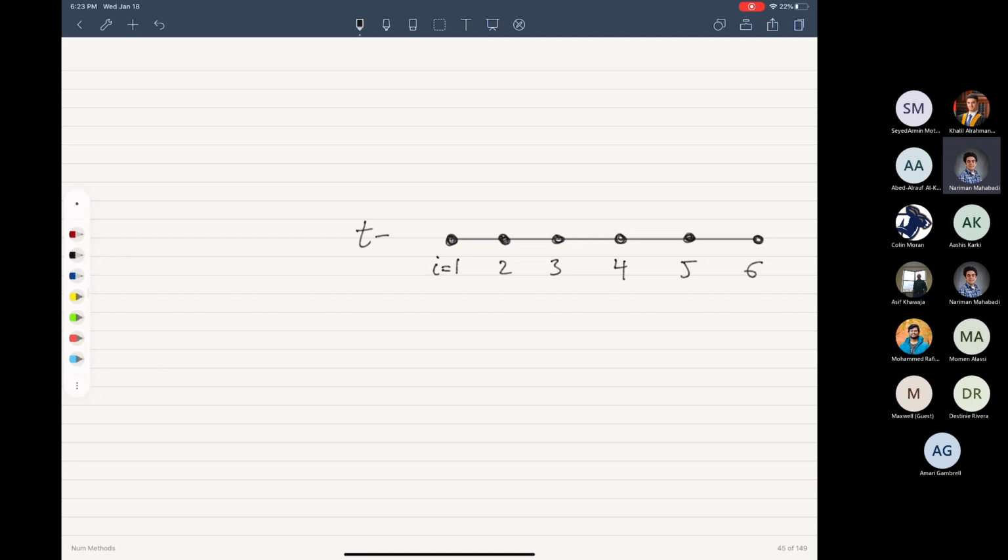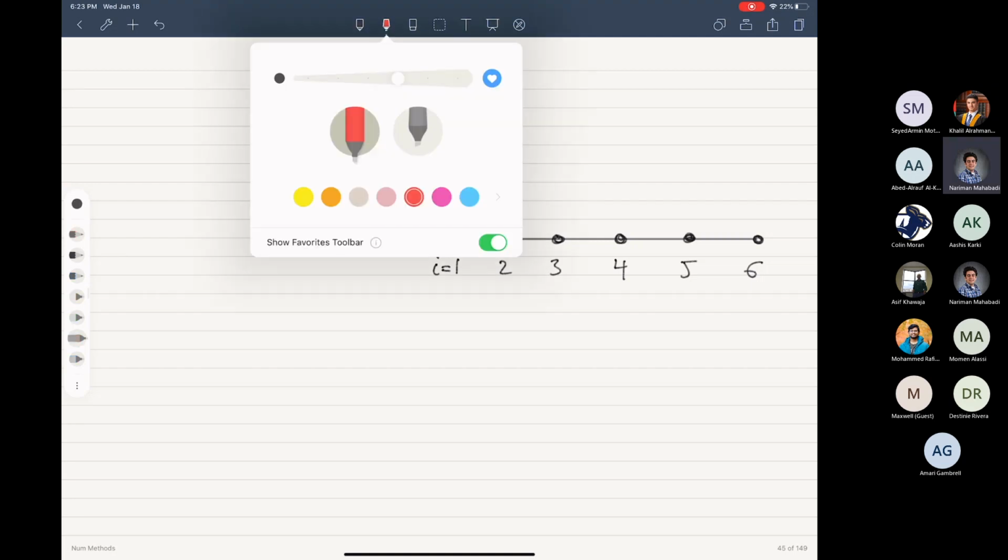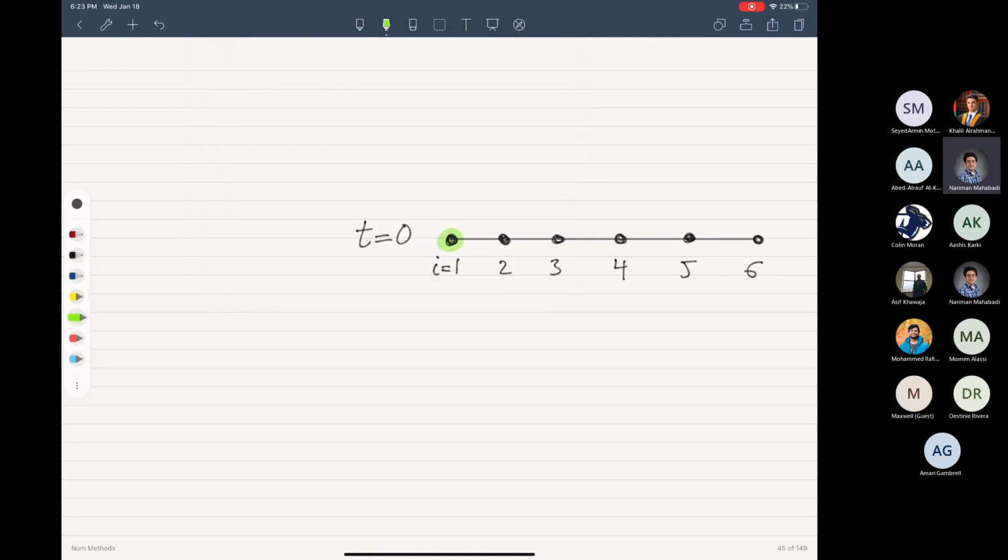And let's say this is the current time, at time 0. I should have the values, right? Why? Because this is the initial condition. At the initial condition, when time is 0, or at the current time, we should have all these values.